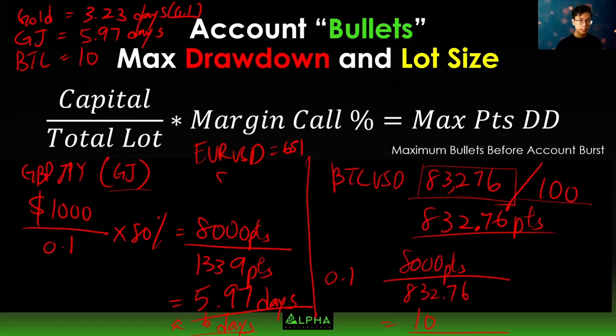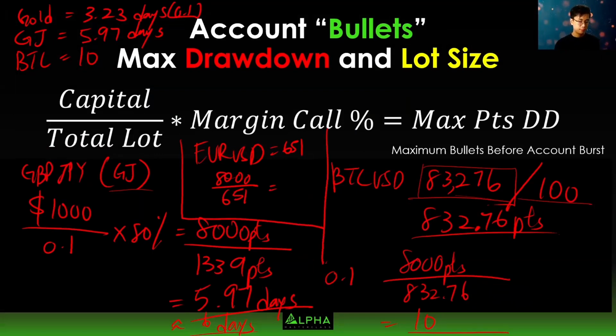So I just take 8,000 divided by 651, equal to how much? Wow. Euro USD is $12.28.